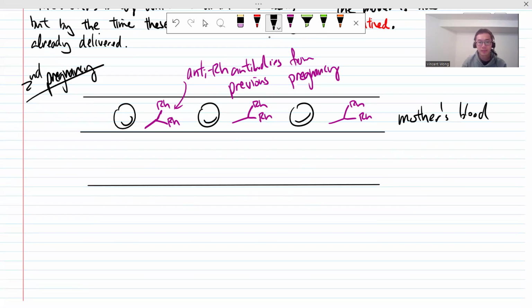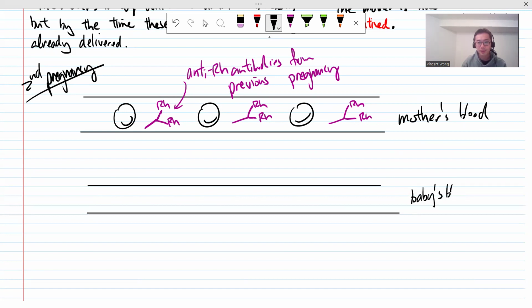And then we have the baby's blood. The baby is Rh positive because the dad is homozygous positive.